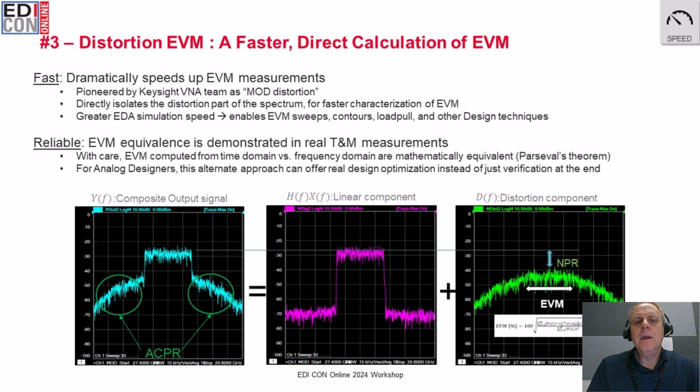So they have an incentive to use as few points as possible. Turns out in the time domain, in transient envelope mode in ADS, you also have an incentive to use the fewest number of points. And what's interesting is if you take the EVM, the actual error signal, and FFT it, by Parseval's theorem, you can represent that same energy in both domains.